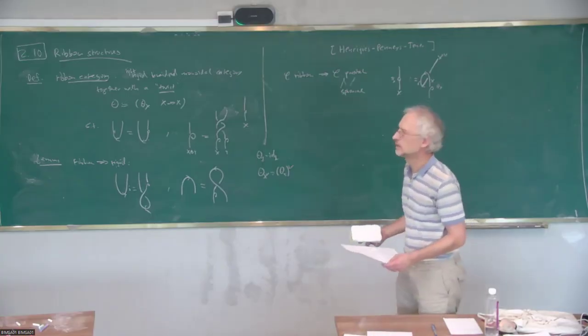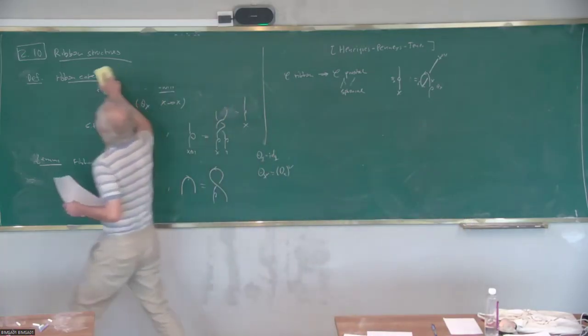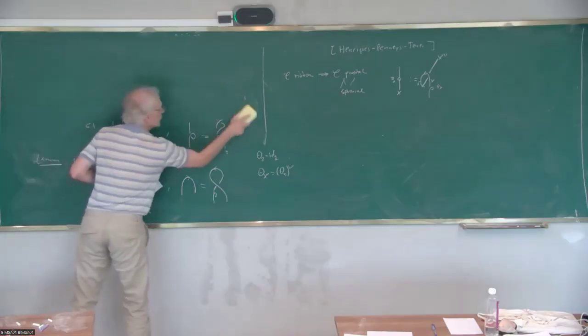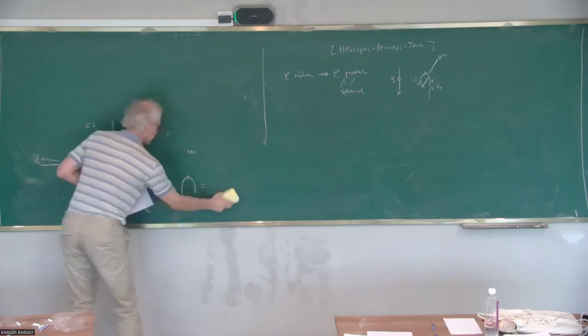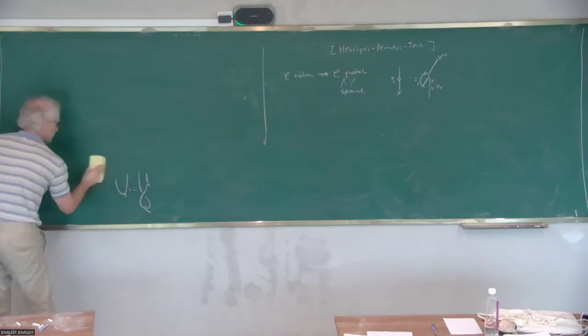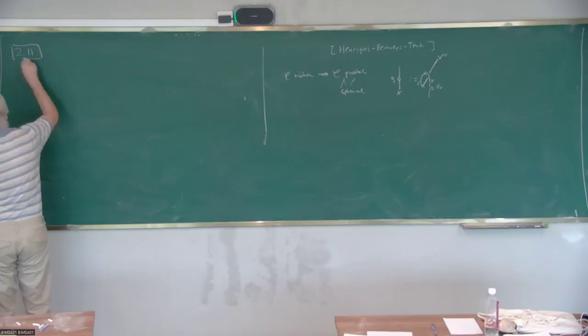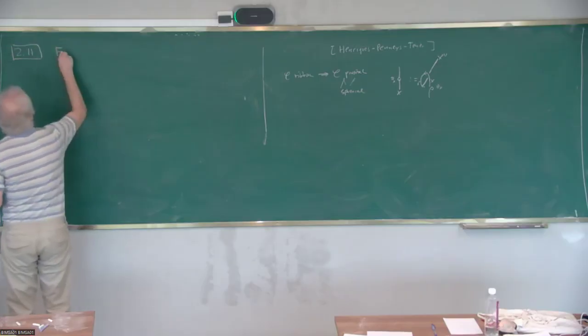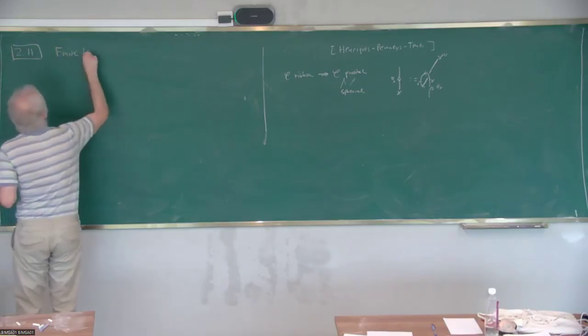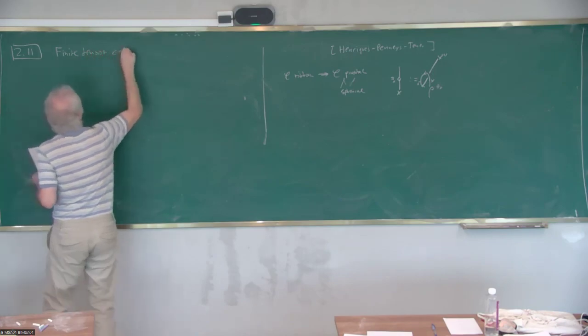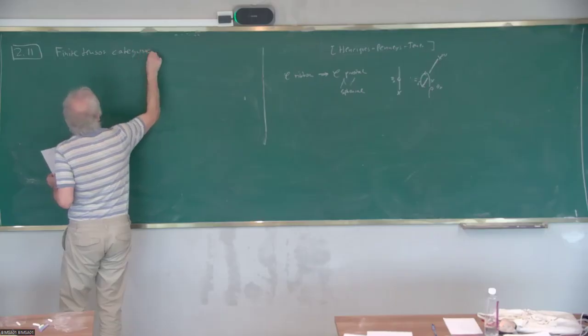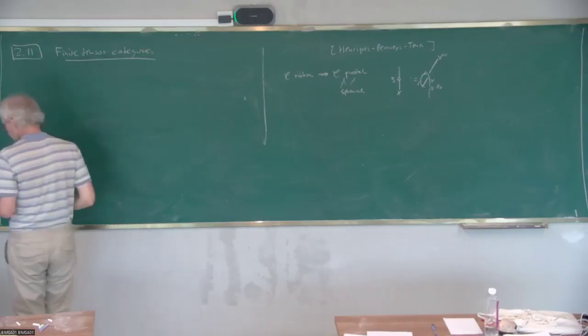Then finally, in the last 5 minutes, or maybe 6, let me say something about finite tensor categories. And I will not finish all that I wanted to do. Maybe I add a little bit tomorrow. We have introduced the notion of a finite category before.